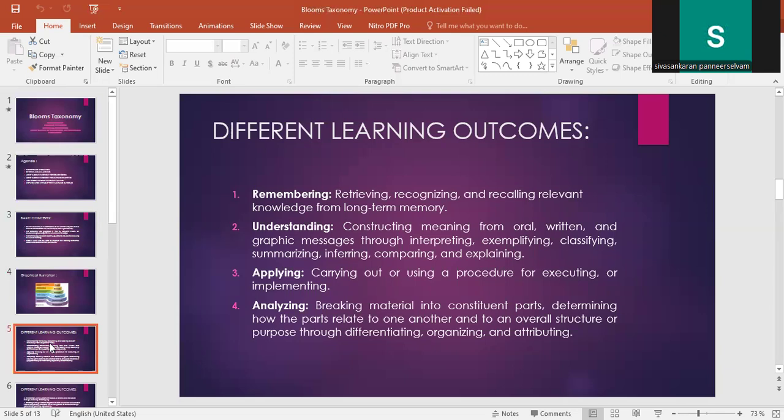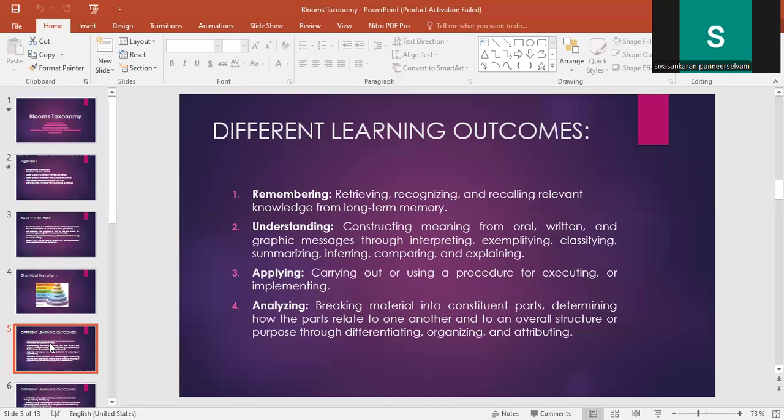So we have to fulfill the remembering stage, then understanding. If the student is able to remember the concept, the next thing is to differentiate and understand what exactly the concept says.